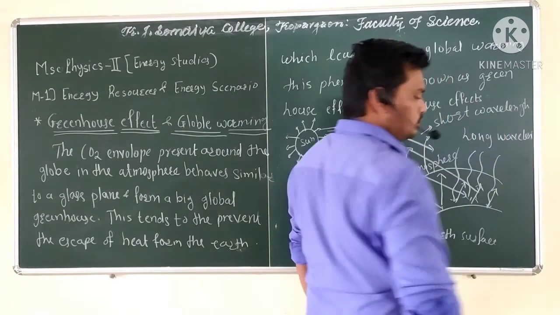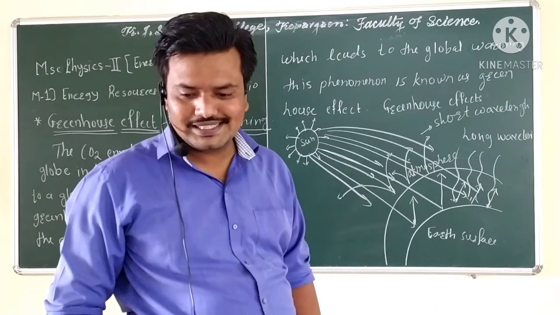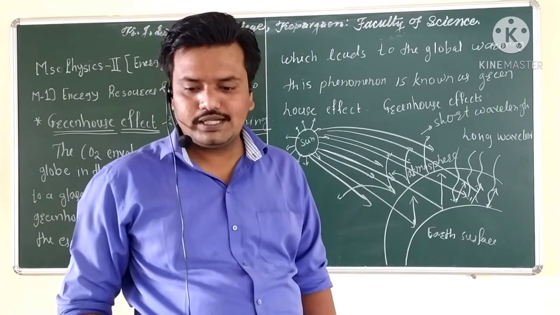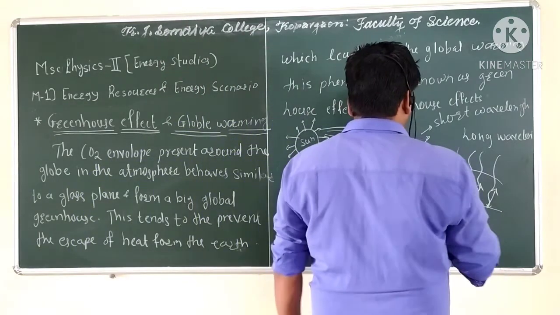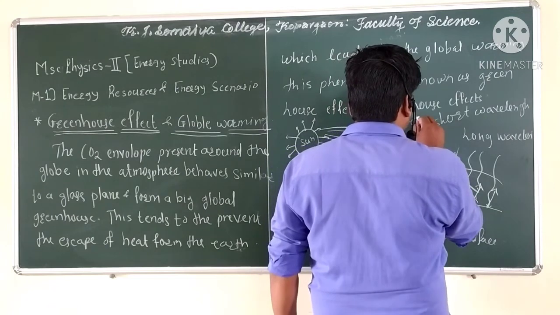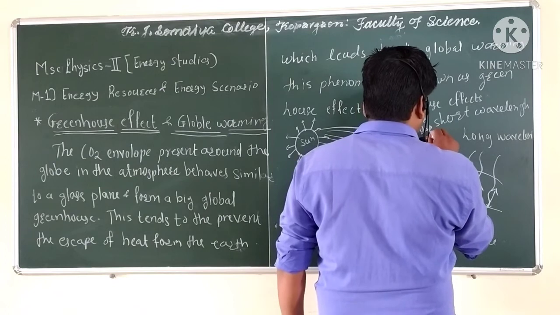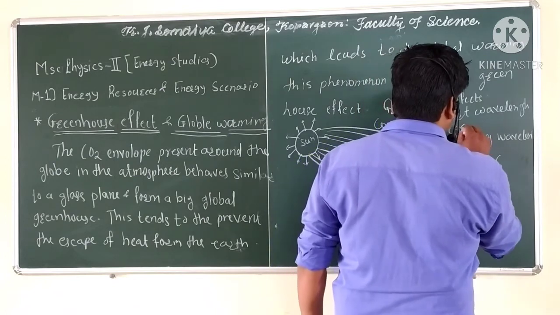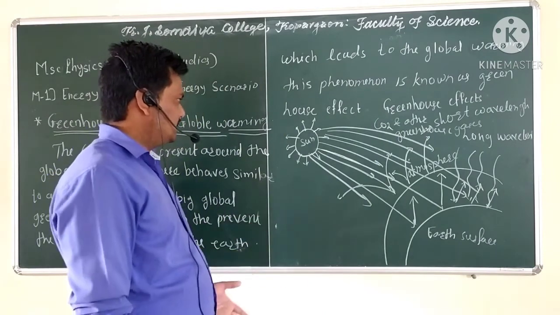So the greenhouse effect is that CO2 and other greenhouse gases in the atmosphere trap heat, keeping the earth warm. So this is due to CO2 and other greenhouse gases, which cause this effect.